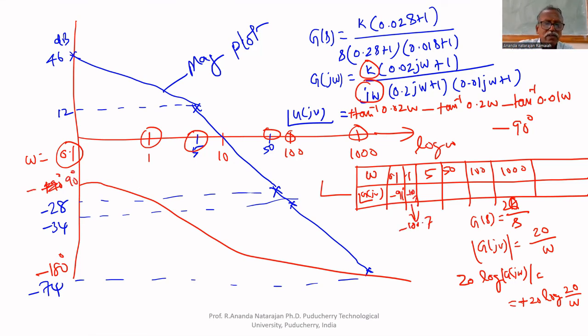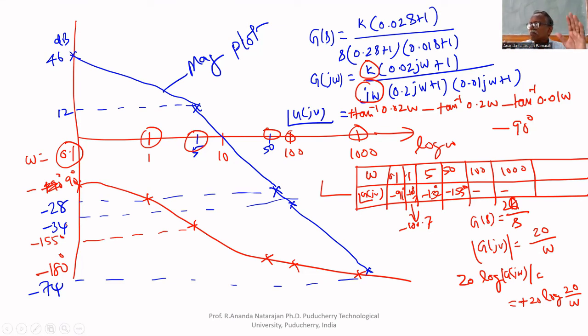For 0.1 you got. For 1 you got. For 5 you got. For 50 you got. And 100 also you got. 1000 also you got. So you can draw the phase plot. Minus 155 degree.